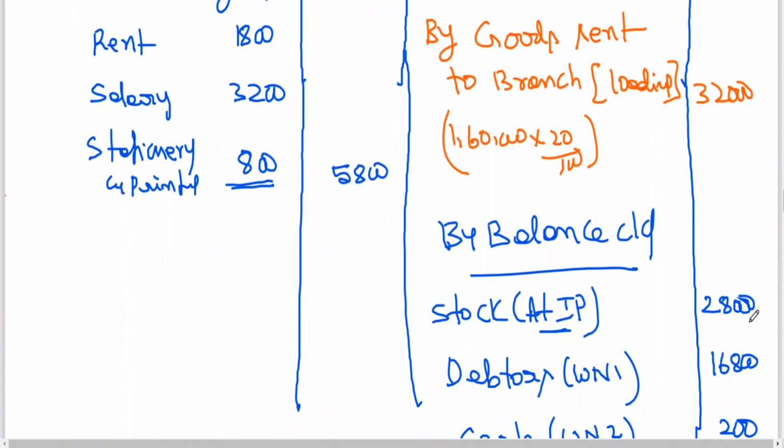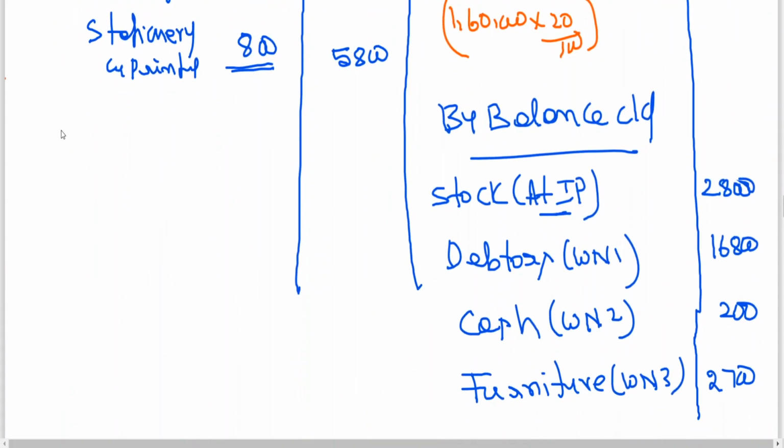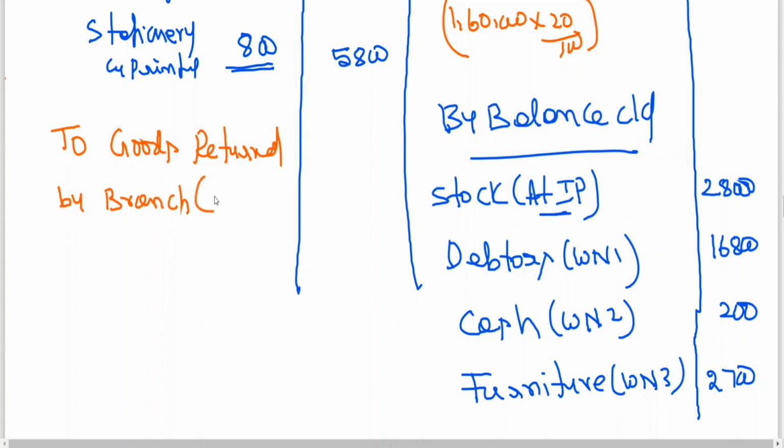Okay, then we are having loading on goods return. He has given invoice price as 2,000.